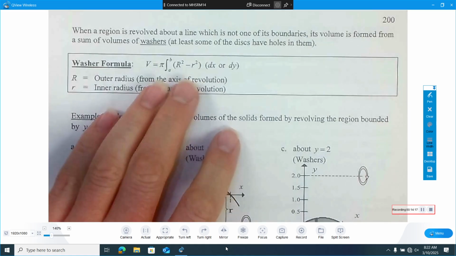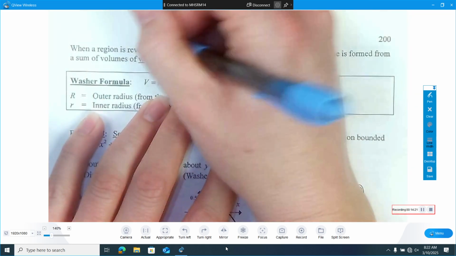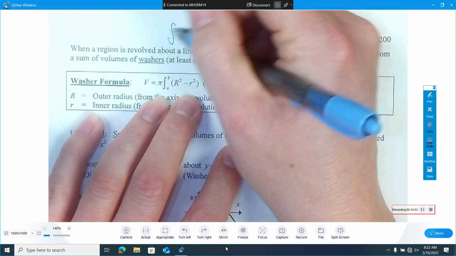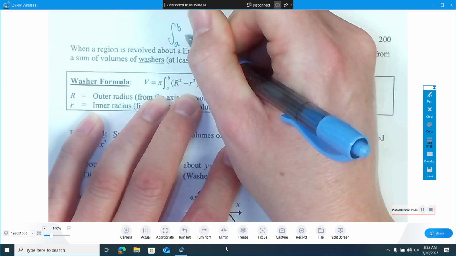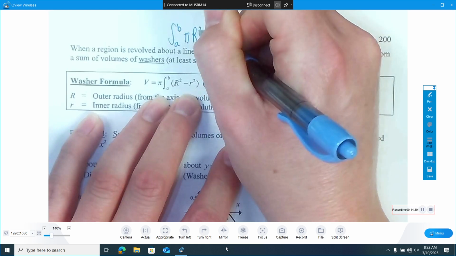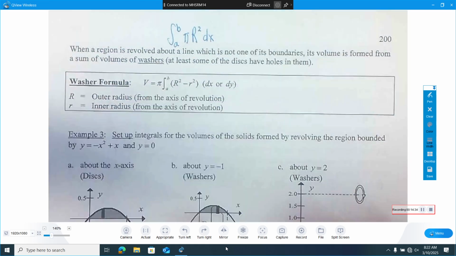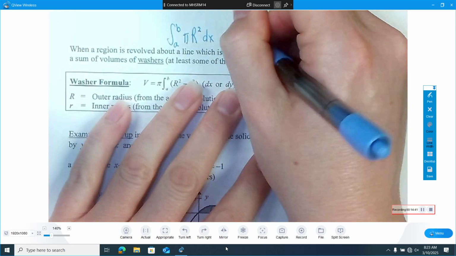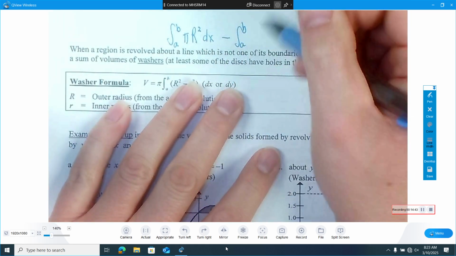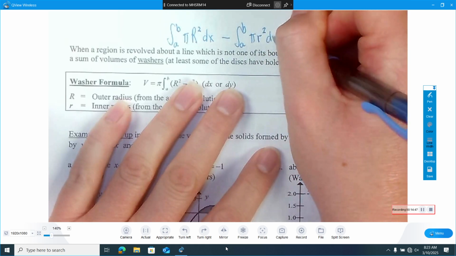And so just like we did before, there's a couple of ways we could figure it out. We could do the volume from A to B of pi r squared dx or dy. So we could take the area of the outer section, the big radius, if you will, and we could subtract the integral from A to B of pi little radius squared dx or dy.